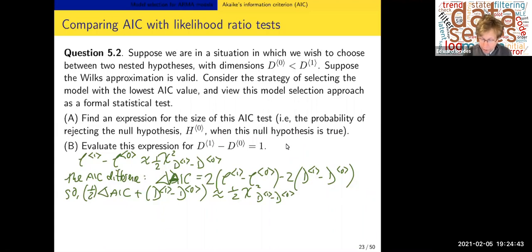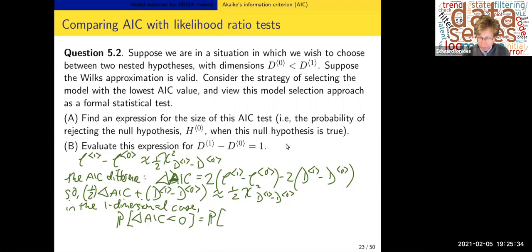And in the one-dimensional case, I get, in this limit, the probability that the difference of AIC is less than 0, which is the chance that you reject that null hypothesis, is then, well, depending on which way you do the difference, okay, this is the increase in the AIC.